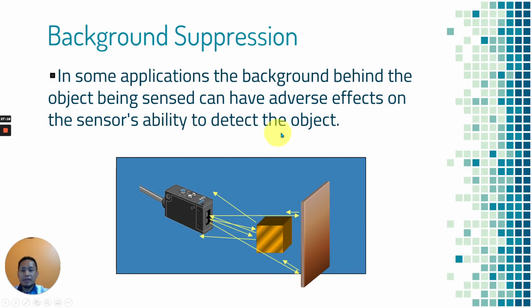However, in some applications, the background behind the object being sensed can have an adverse effect on the sensor's ability to detect the object. So dalam kes ni ada juga background, so it may confuse the sensor's ability to detect an object.